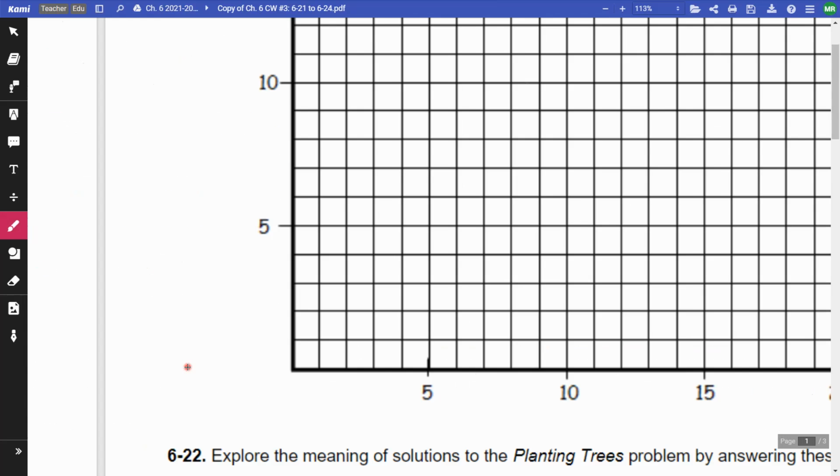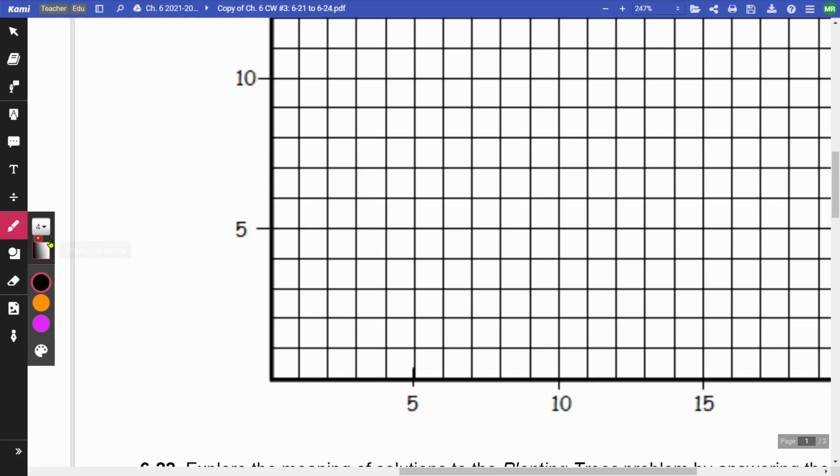Okay. And so for Charles, what I know is that his tree started at 3 feet. So I put a point at 0,3. And then it increased by 1.5 each year. This is a half and 1 each year.